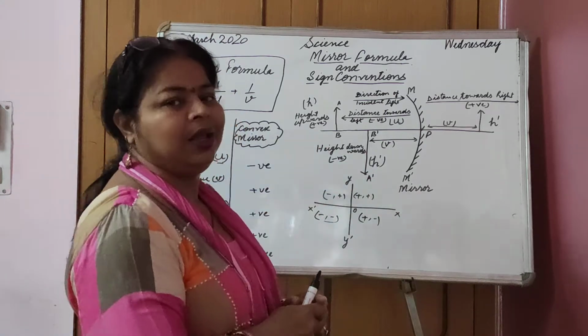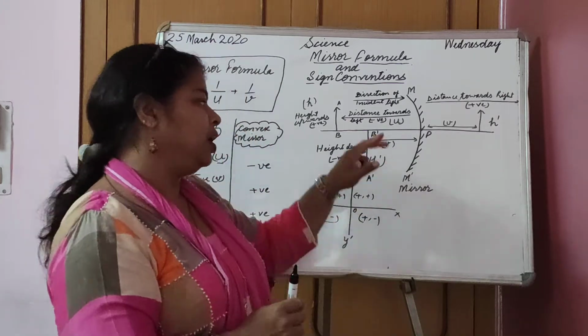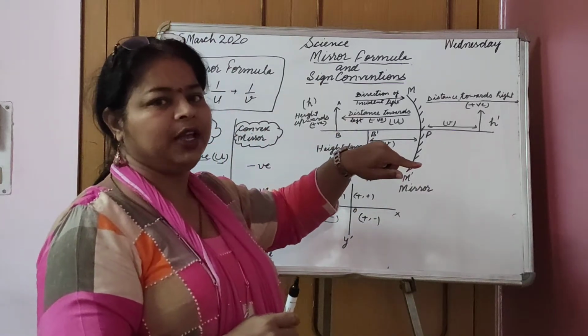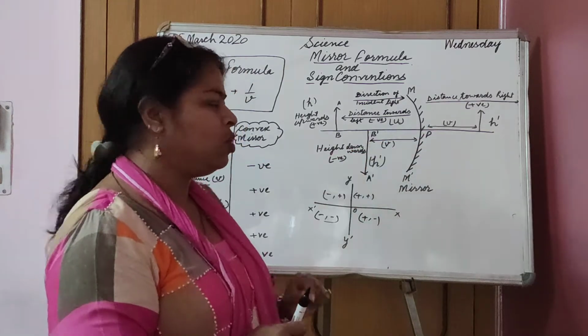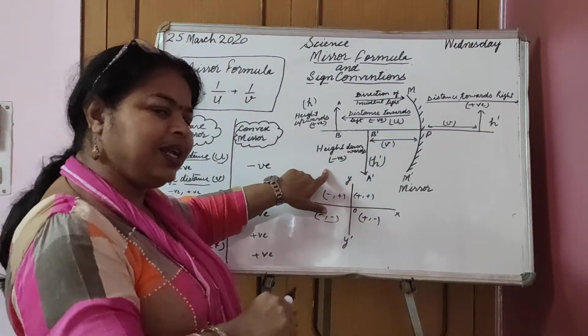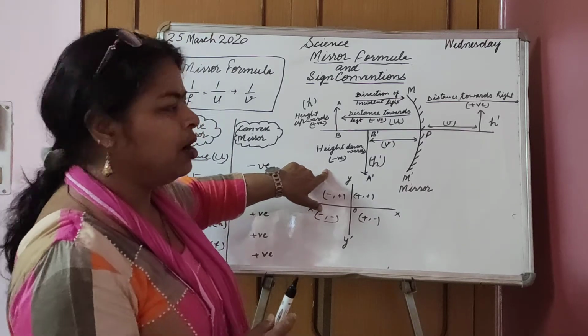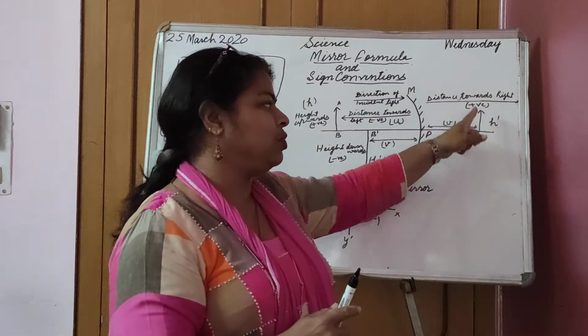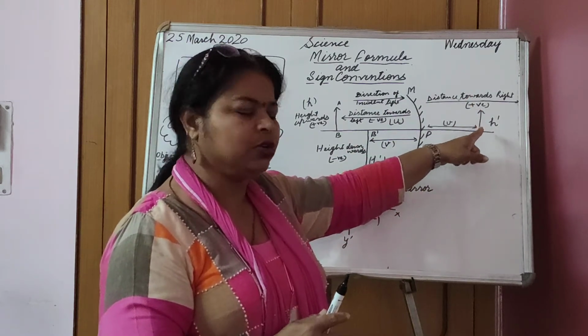It would be negative in 5 cases, while in the last case of the concave mirror it would be positive, as well as in the convex mirror. So height can be negative as well as positive in the concave mirror, while in convex it will always be upright, virtual and erect, so it will always be positive.